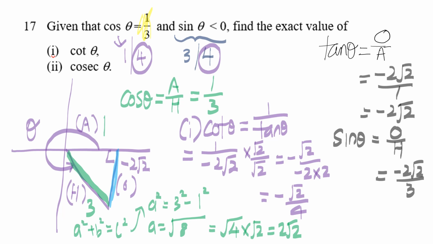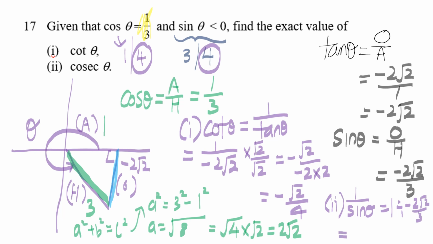All right, then part 2. Cosecant theta will be 1 over sine theta. So that will be 1 divided by negative 2 square root 2 over 3.